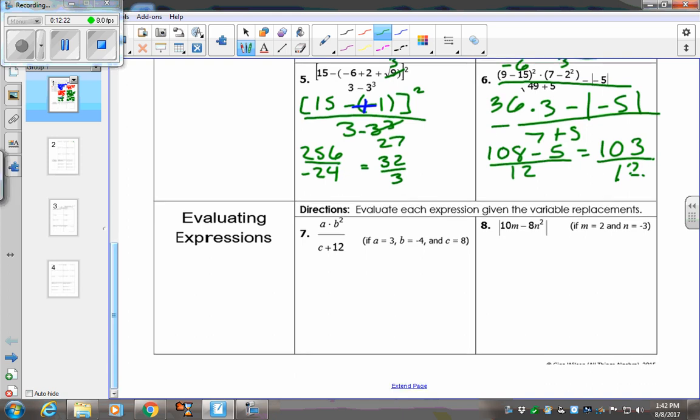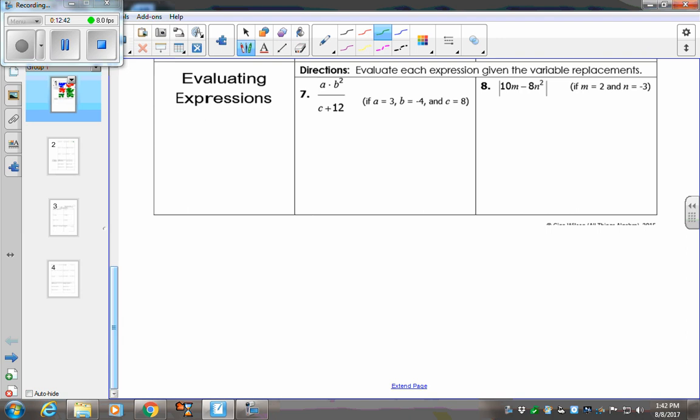All right. Evaluating expressions. They give you letters, but they also give you numbers that the letters represent. So A is equal to 3, B is equal to negative 4, and C is equal to 8. So I'm going to expand this so I can get it up higher. I'm going to do 3 times negative 4 squared divided by 8 plus 12.